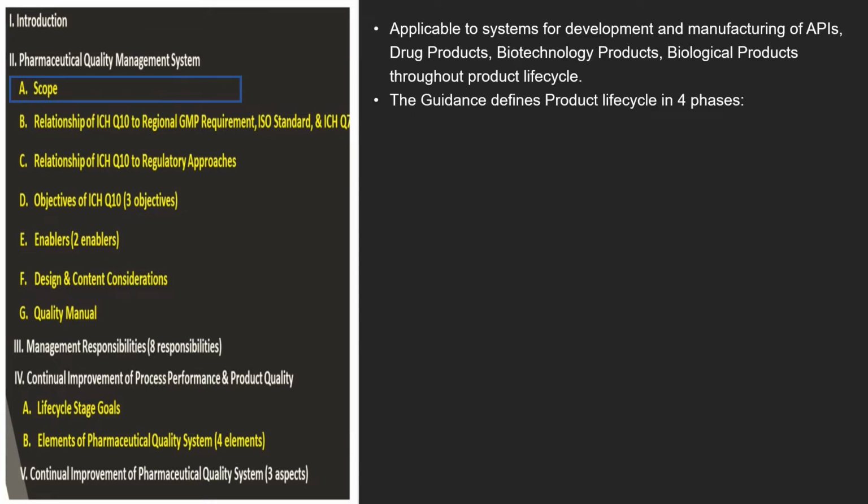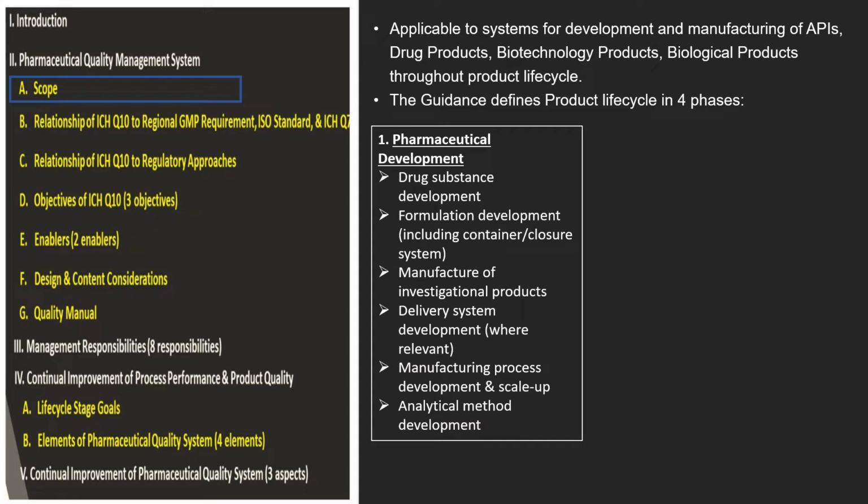Now if we see the scope of this guideline, it is applicable for development and manufacturing of APIs, drug products, biotechnology products, biological products throughout the life cycle. Now when we say the life cycle of products, it defines 4 important phases in the product life cycle. First being the pharmaceutical development.